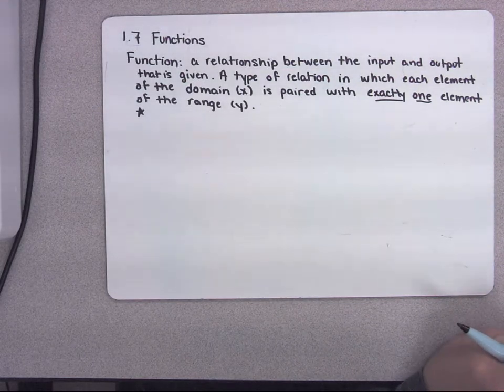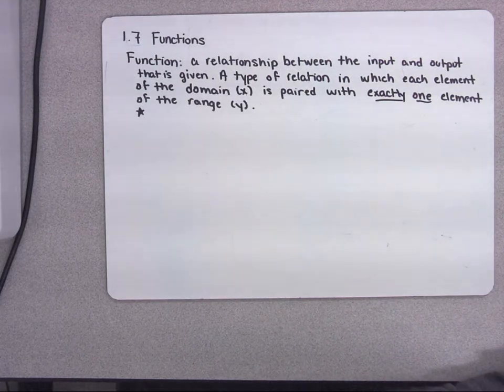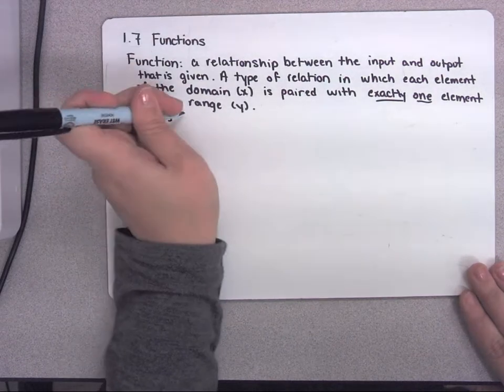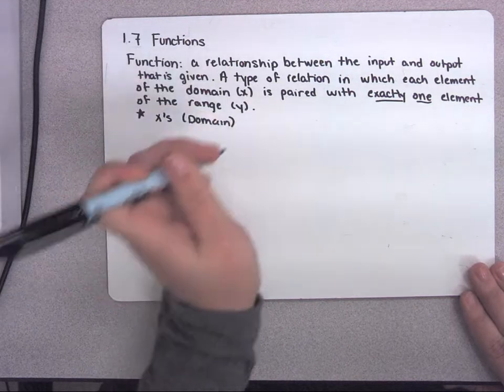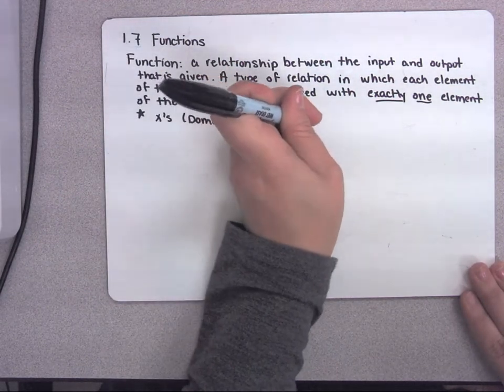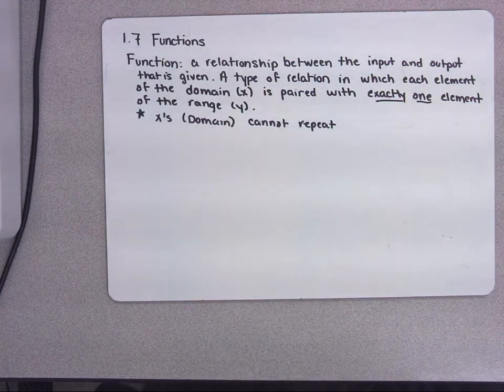It is the x's. X's pair with one answer for the y, which means the x's, the domain, cannot repeat. That's what that really means.